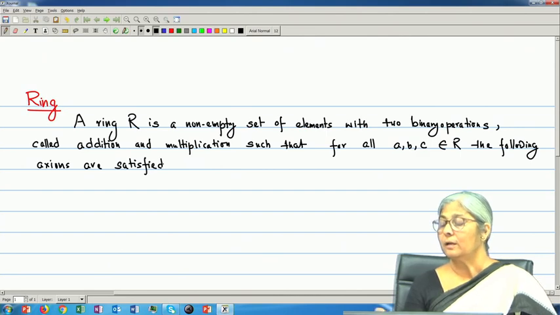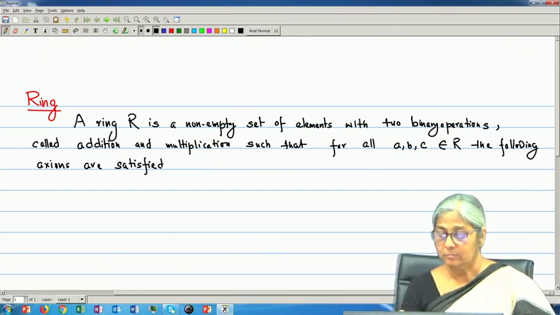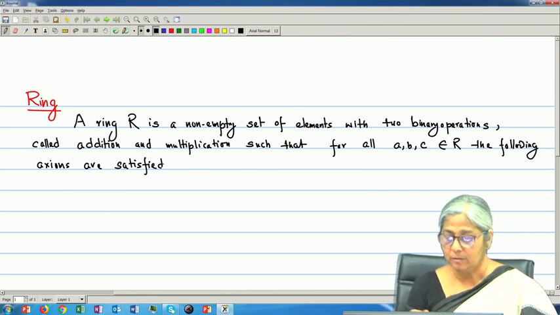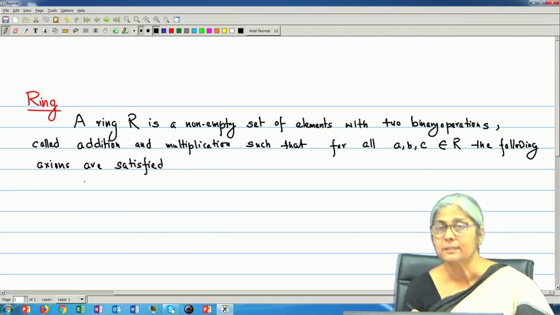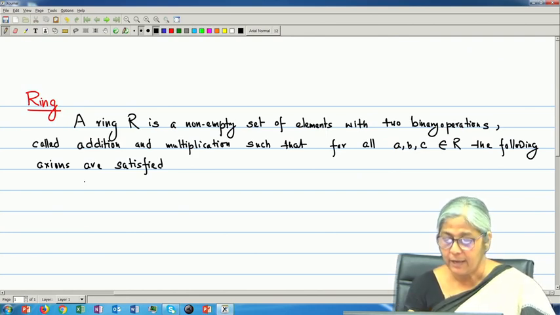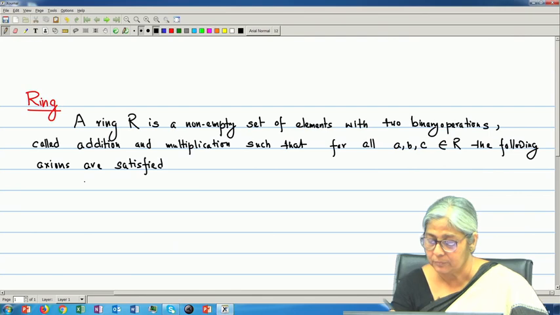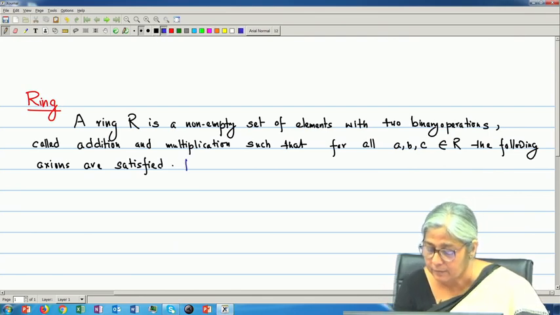Now, since there are two operations, what are the properties based on these two operations that we identify? First, a ring is an additive commutative group.